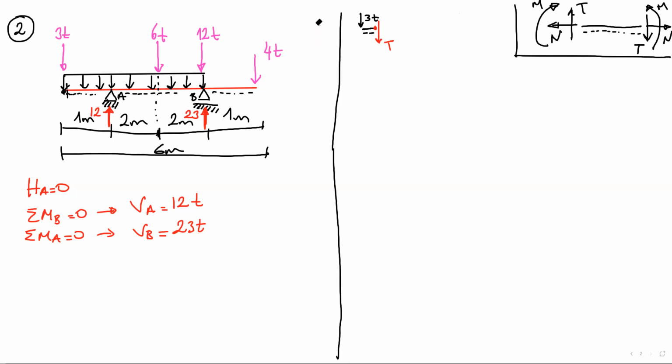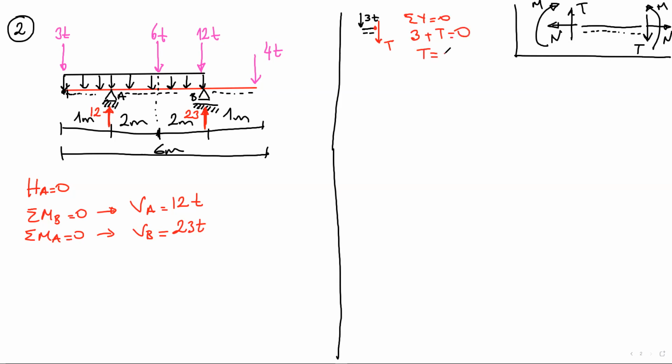In this loading system, if you write the equilibrium equation, total Y is 0, we're going to see 3 plus T, which are in the same direction, equals 0.